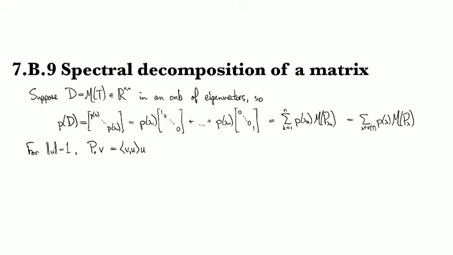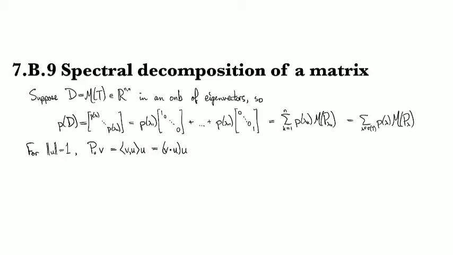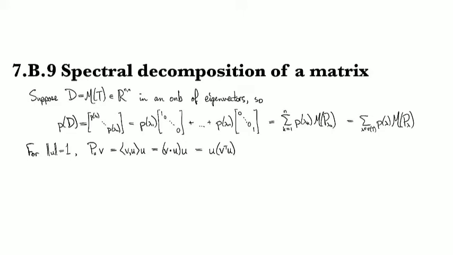And so if we're in good old R^n with the standard inner product, then this is going to be v dot u times u. And the dot product is actually the same thing as a matrix product if you just write it the right way. So I'm going to put the vector u out in front just for grins, and v dot u I'm going to write as v transpose times u, a matrix product.